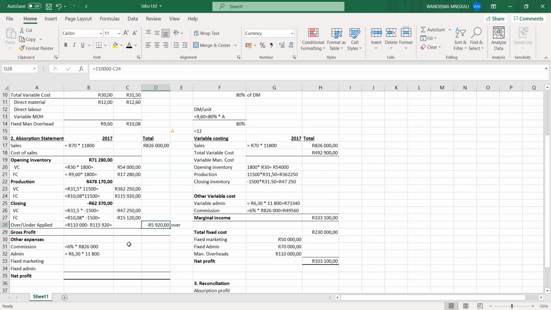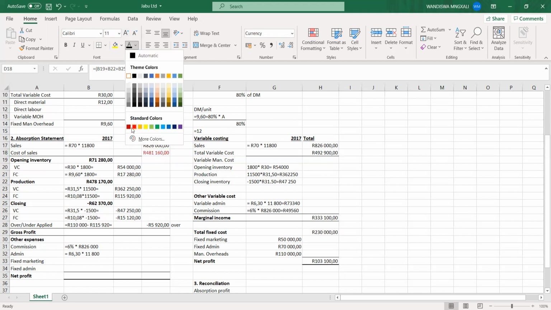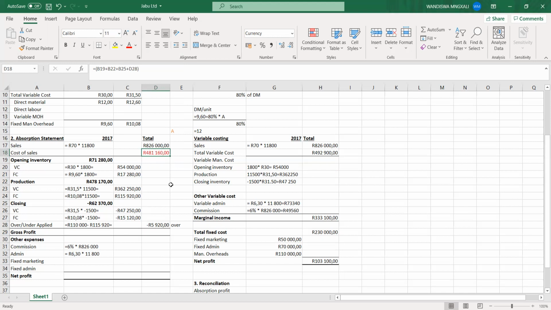which you can then tell that we over applied. So to get my cost of sales, I have to take my production plus my opening minus my closing minus the over applied manufacturing overheads, which would then give me a total of 481,160.